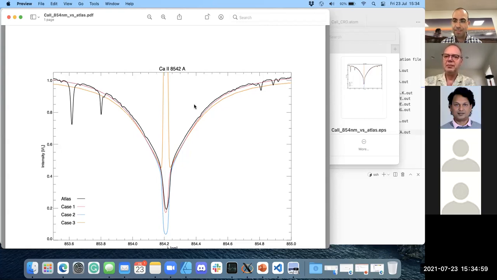Hi, Carlos. Yes. My question is, I was just wondering whether the LTE level populations of the concerned transition would be higher or lower compared to the converged non-LTE solution, or it has no relation whatsoever. I'm not sure if I fully understand.